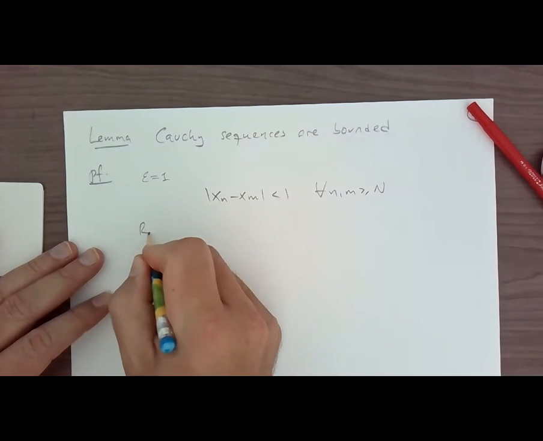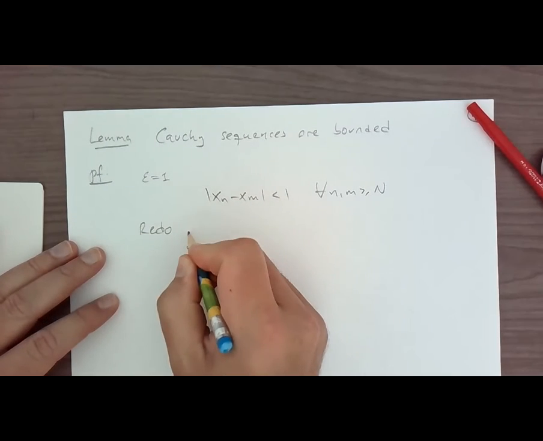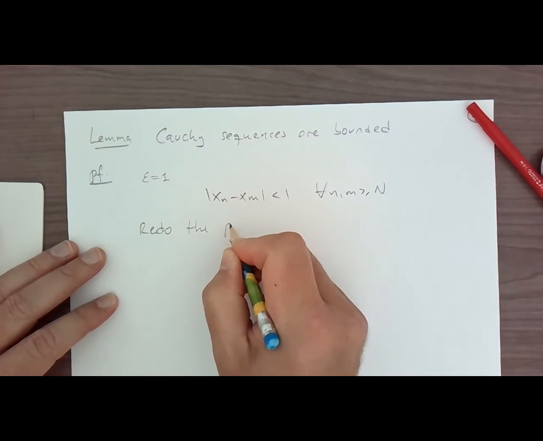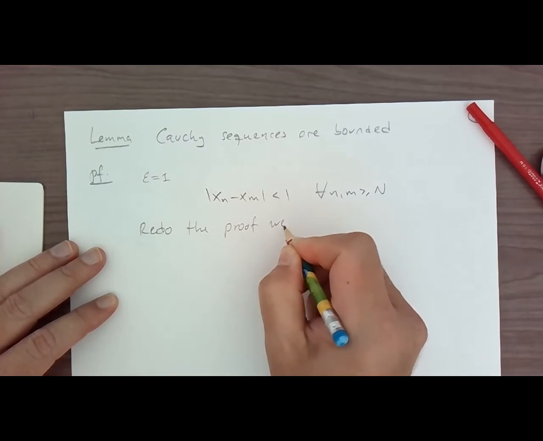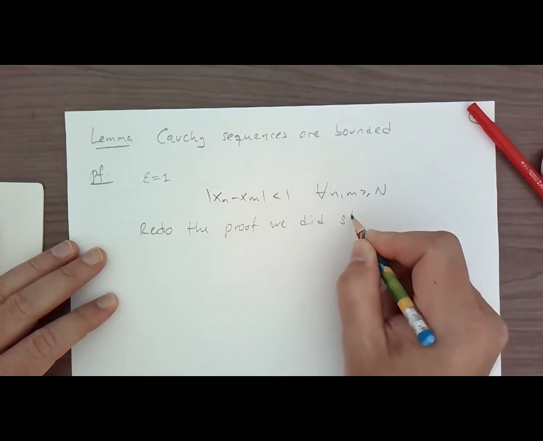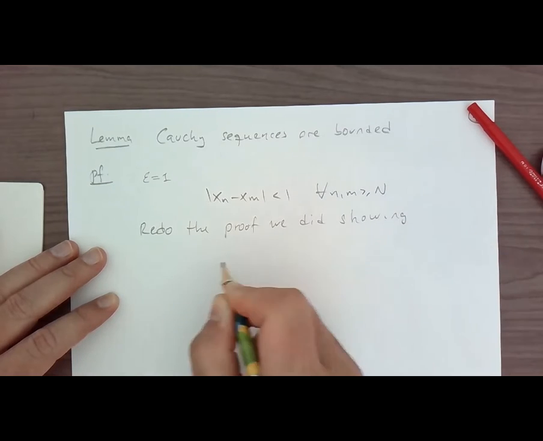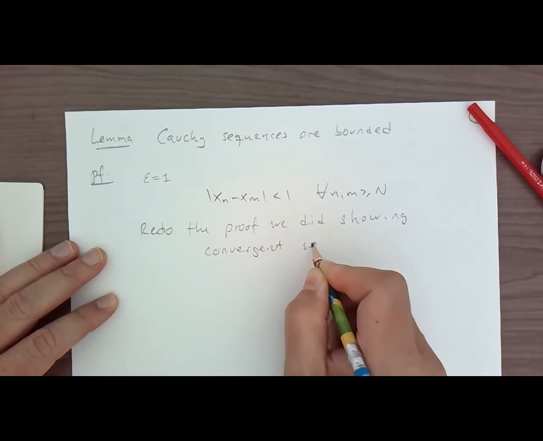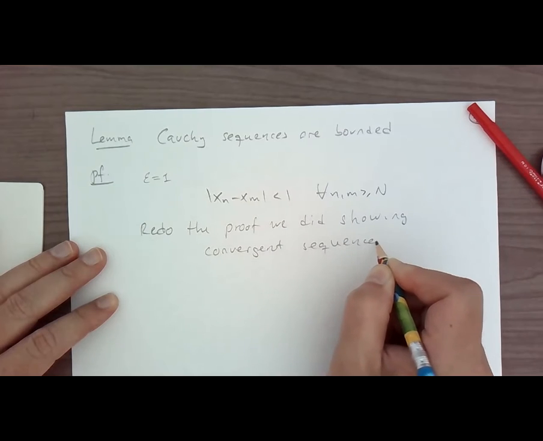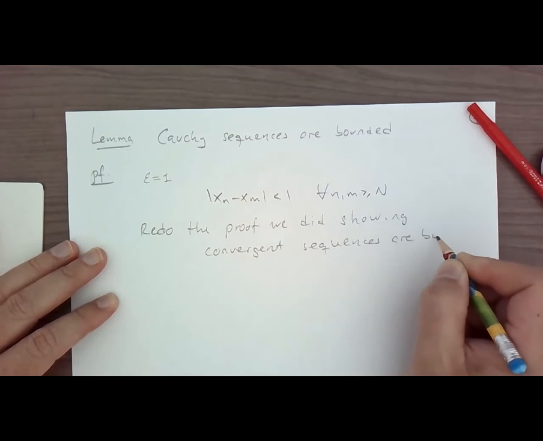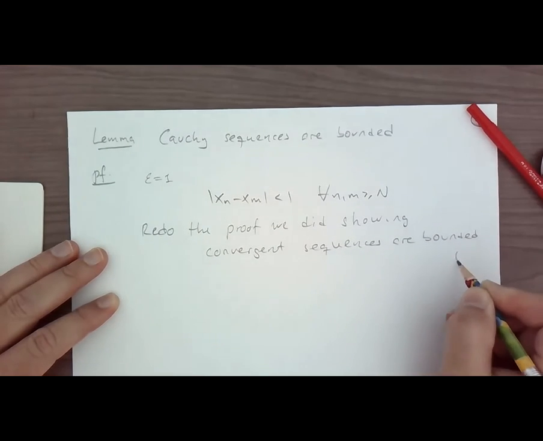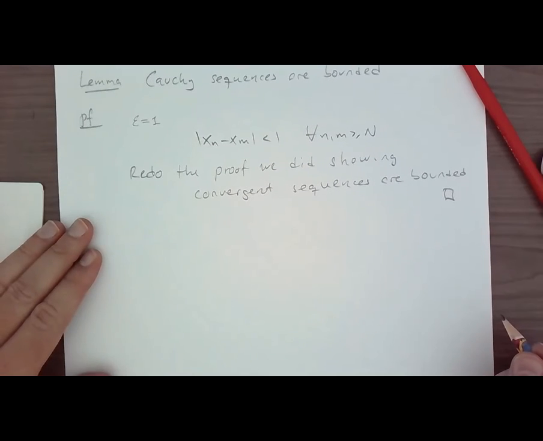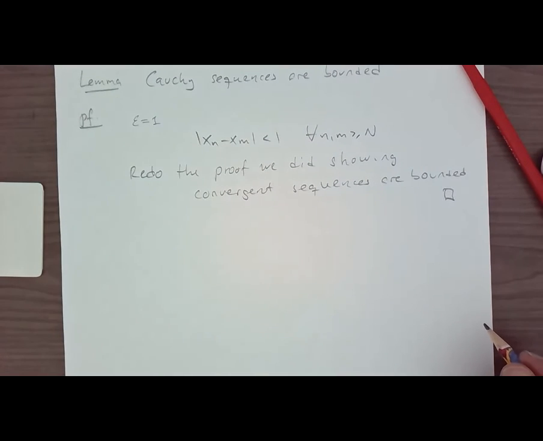So now we can just redo the proof we did showing that convergent sequences are bounded. Flip through your notes and you'll find it in there.